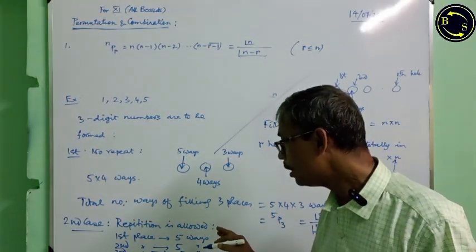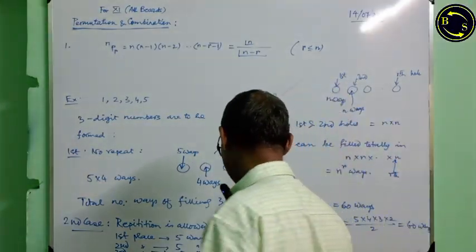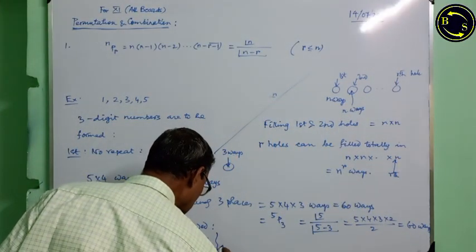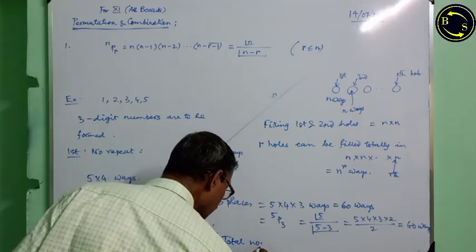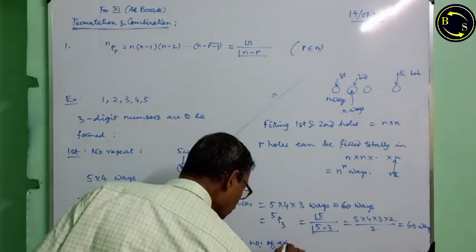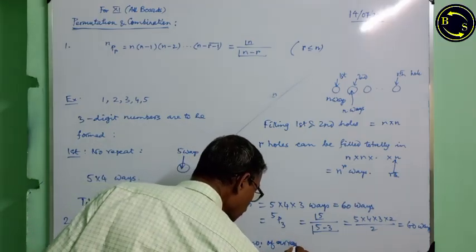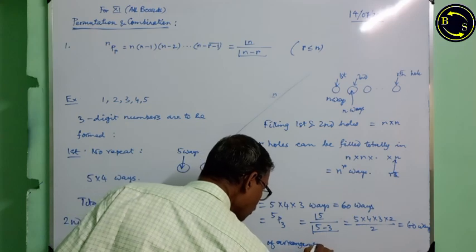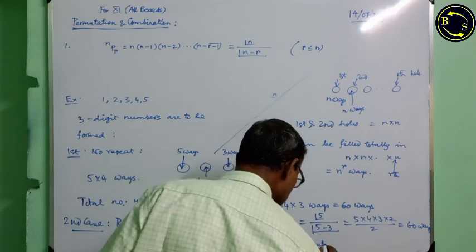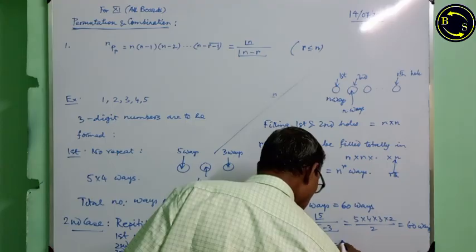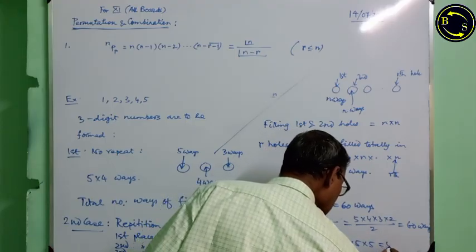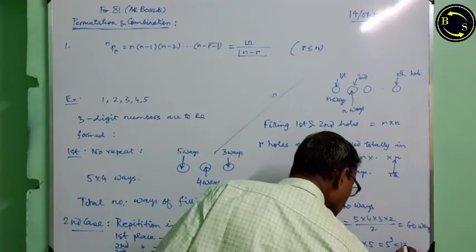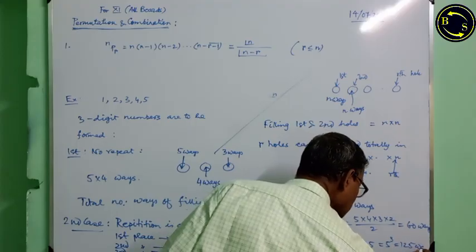Therefore, total number of arrangements will be 5 into 5 into 5, that is 5 cube, that is 125 ways.